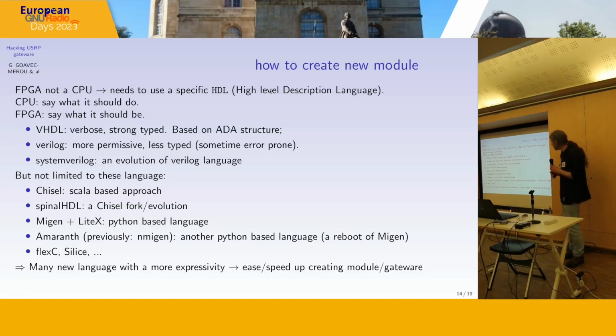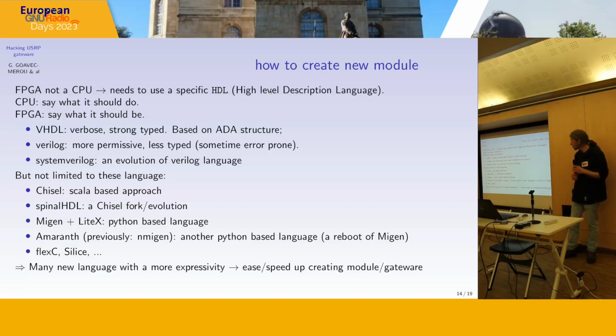But it's possible to use a high-level language to describe your code, and this language produces the Verilog required by the tool. Chisel is maybe the Berkeley language used for some really powerful RISC-V softcores.